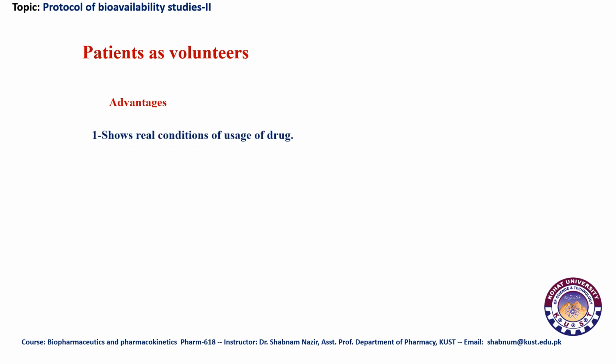Inclusion of patients as volunteers shows rare conditions of usage of drugs. That's why the results are more authentic and reliable. Patients are getting free treatment and being cured for whatever disease they are being treated for. So this is an additional incentive they are getting during the treatment process, which is actually the clinical trial.